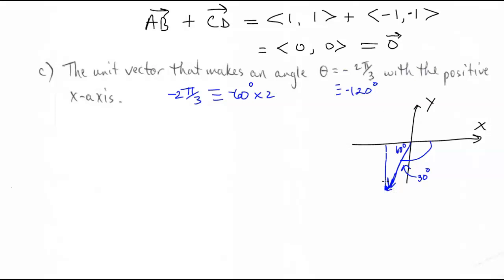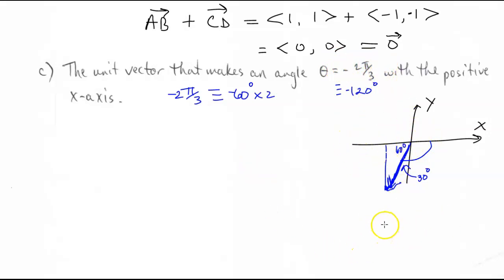So we want the unit vector, meaning that we want the magnitude of this particular vector to be 1, and have the terminal side be where we spin clockwise -2π/3 units. That's where we are.